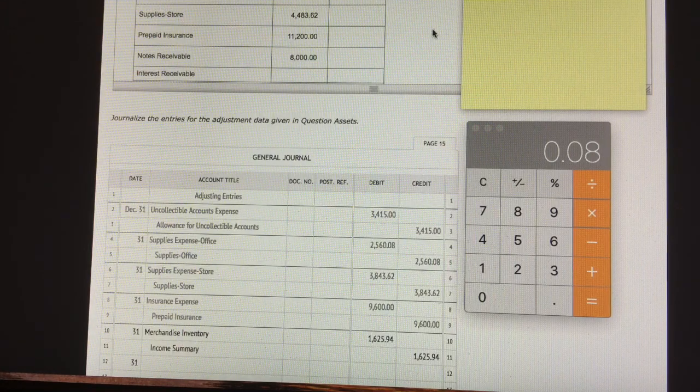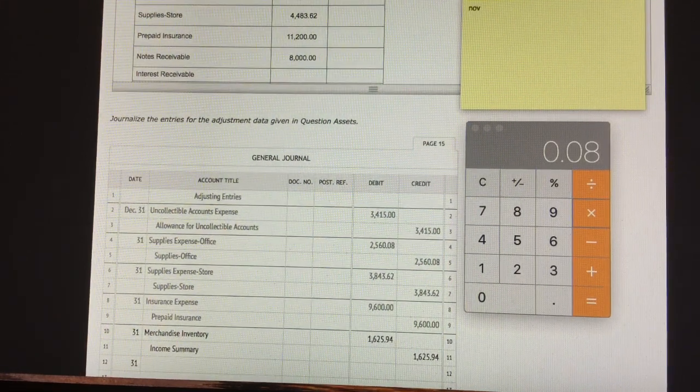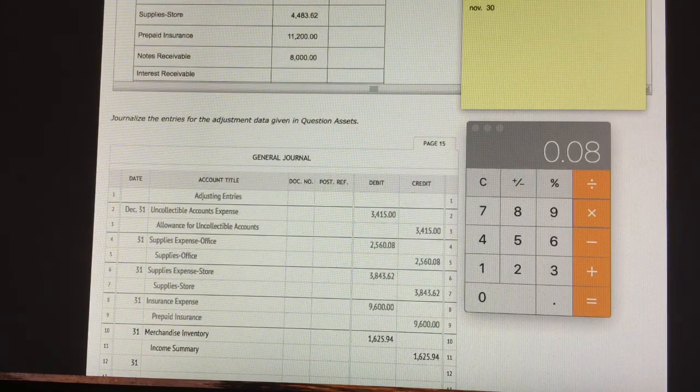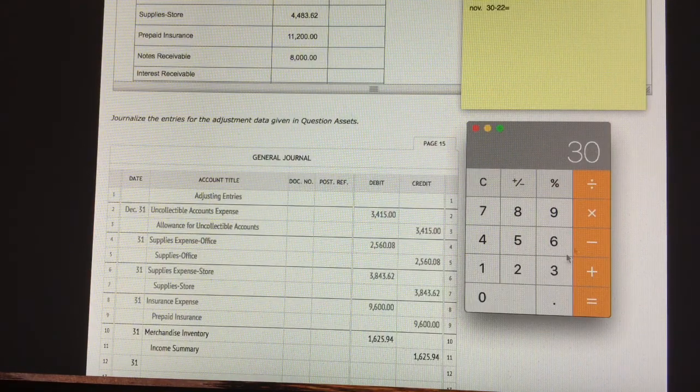In order to calculate the amount of interest that we're going to journalize, we have to figure out how many days we've had this note. The note was signed on November 22nd. So the first thing we do is figure out how many days are in November. We know that November has 30 days. We started on the 22nd, so we subtract and get 8. So we used 8 days of November.